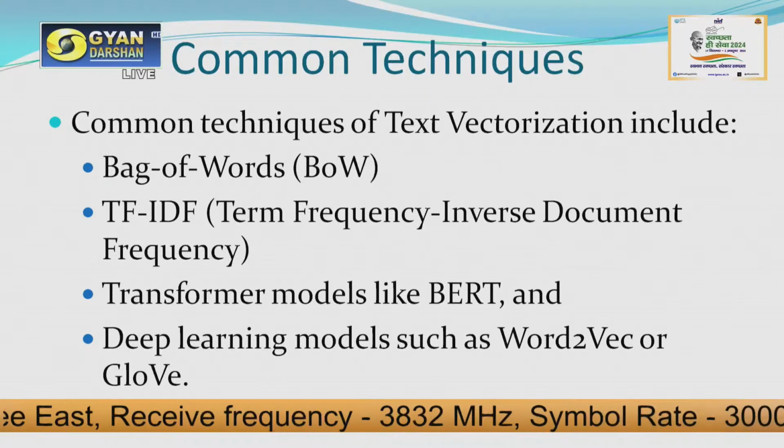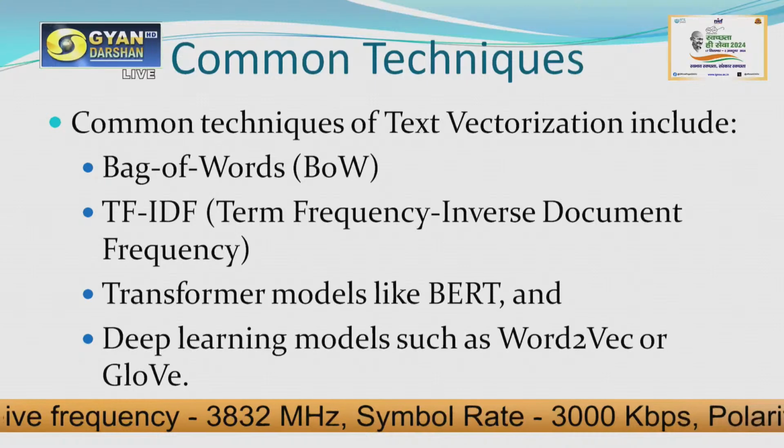And there are some deep learning methods called word2vec, GloVe, and fastText. Most people, whenever they use deep learning models to do natural language processing, use word2vec, fastText, or the GloVe kind of methods.